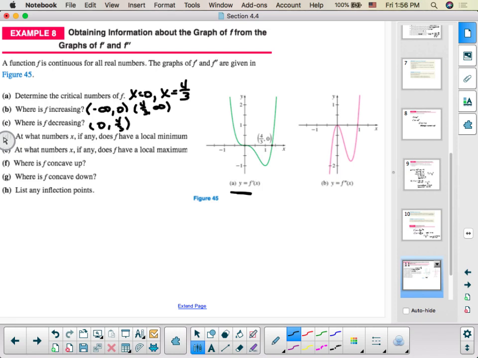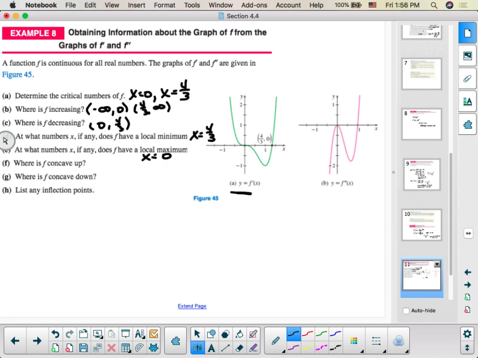We would have a local min when we change from decreasing to increasing, so that happens at x equals 4/3. A local max is going to happen when we change from increasing to decreasing, and that happens at x equals 0.